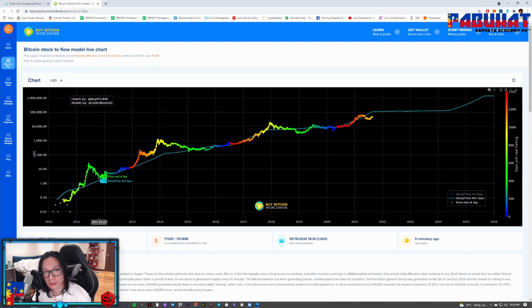What is particularly useful with this model is once the halving nears, there usually is a slight correction or a time that it trades sideways before it goes up.